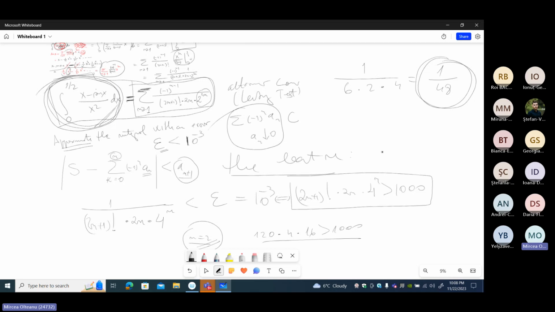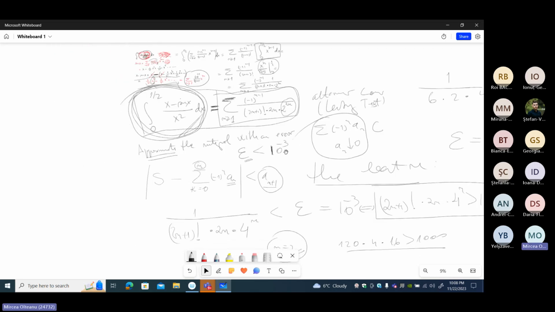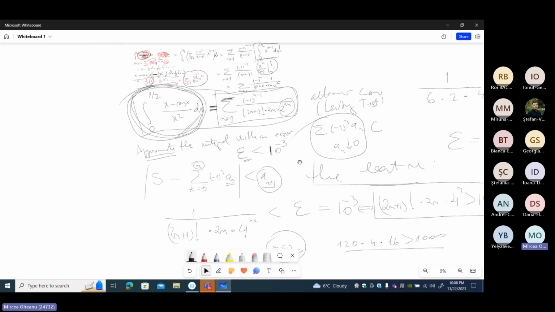If we want to improve the error, for instance 10^-4, we must, of course, usually increase n. The less the error, the greater is n. We must add more and more terms. If you have any question about this kind of exercise.